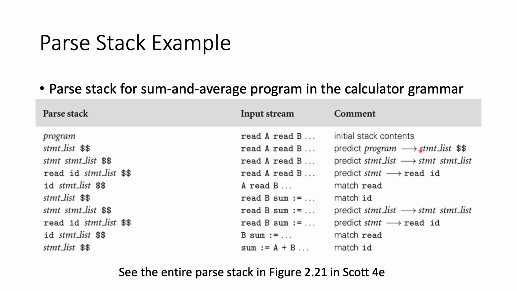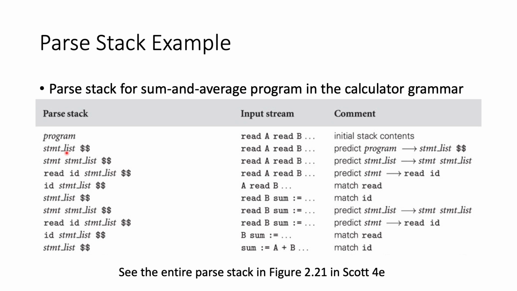Then we predict the production program to stmt list end marker. So we push the right-hand side of this production onto the stack in reverse order, after popping program off the stack.